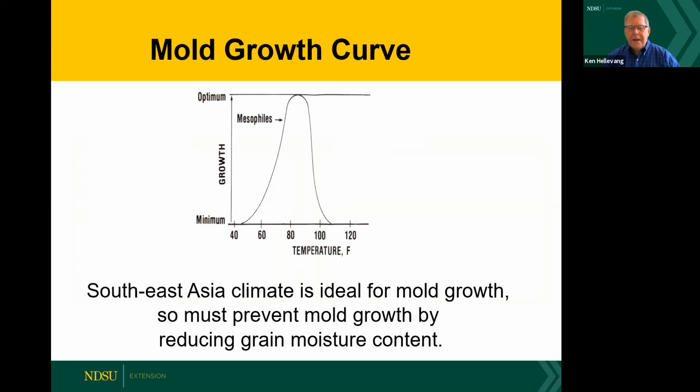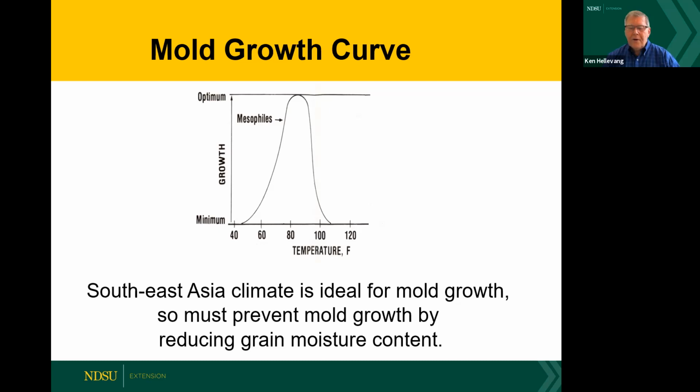This is why that temperature is so important to us. When we look at the growth curve for mold, we find the general grouping, which is called mesophiles, like medium temperatures. This is the type of mold that will typically be associated with grain spoilage and grain storage problems.